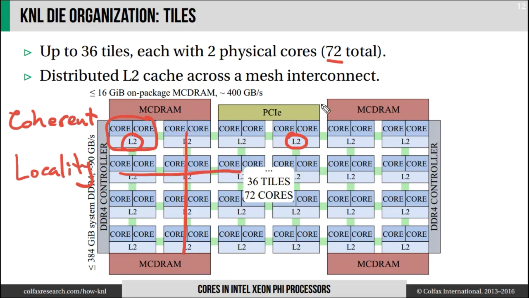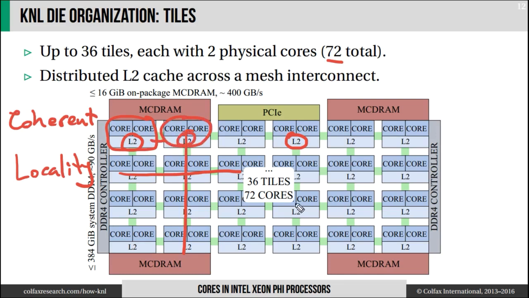If your program can work in such a way that each core only talks to the local level 2 cache, this is going to be the ideal scenario with the lowest latency. If it needs to talk to a near neighbor's cache, this is going to give you greater latency.